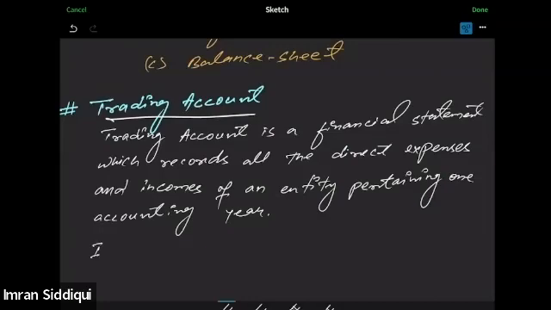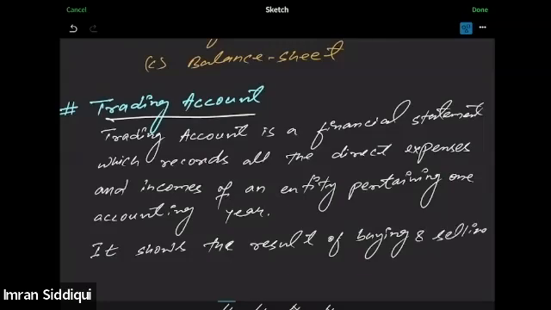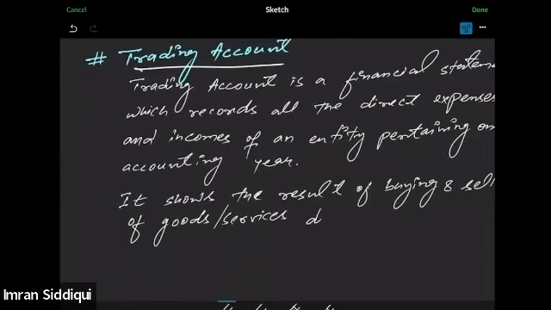It shows the result of buying and selling of goods or services during an accounting period.